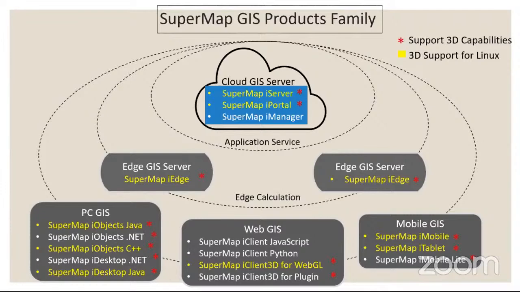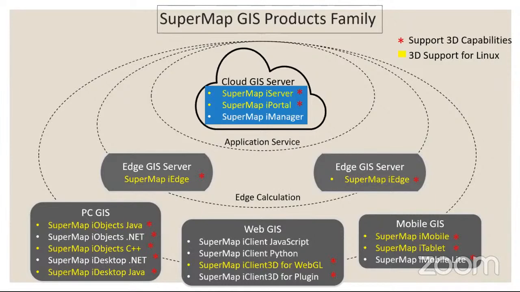In the Cloud GIS platform, we have iServer, a Cloud GIS server that can serve spatial operations such as map services, data services, geoprocessing services, and so on.